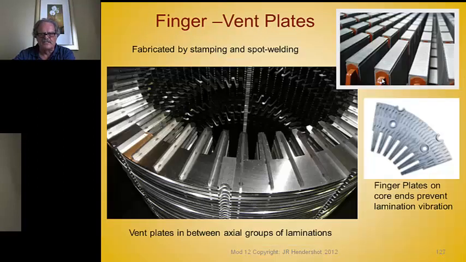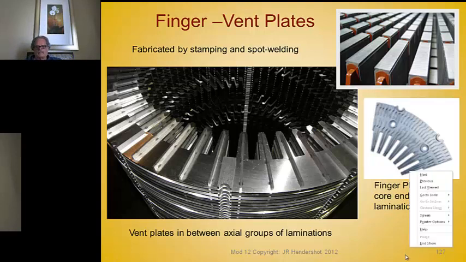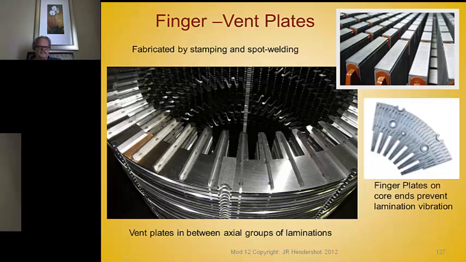But even this finger plate assembly could have end turn supports on it. But now here's an example of vent plates. This is not a finger plate. That's a vent plate, and the vent plate is made of a heavy piece of lamination with some little pieces on it used for support.